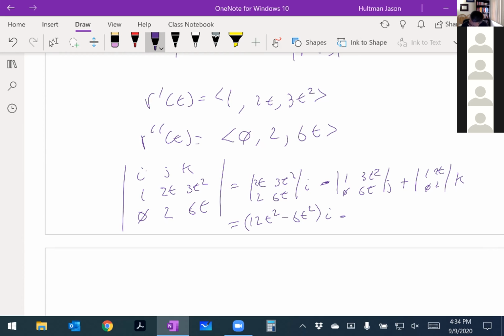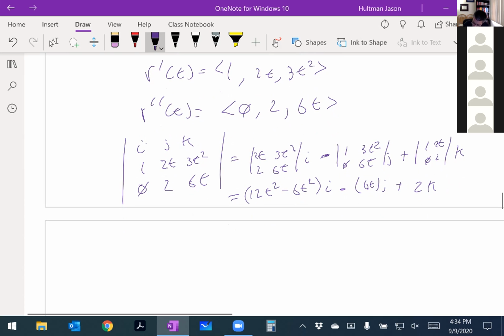Minus, this is going to be 6t, because everything else goes to 0, 6t j, plus this is just 2k, because the other thing goes to 0 as well. So this is equal to 6t squared i minus 6t j plus 2k. Okay, so that's the cross product.